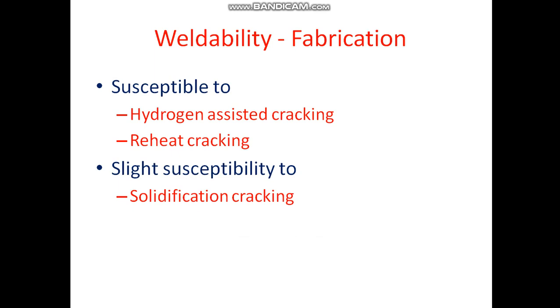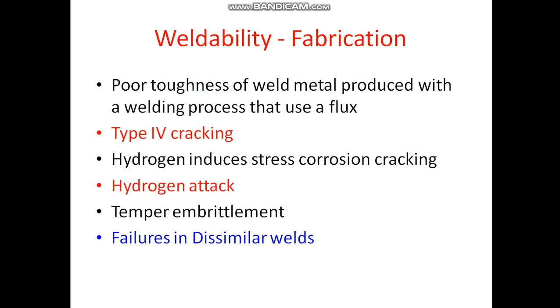Now regarding the weldability and fabrication aspects, chrome steels are susceptible to hydrogen assisted cracking and reheat cracking. Regarding reheat cracking, I will cover an entire lecture in the near future. There is also slight susceptibility to solidification cracking, which I am going to touch upon in this presentation only.